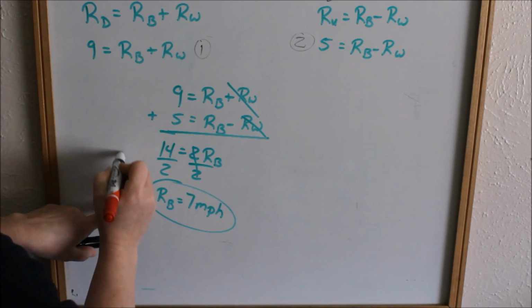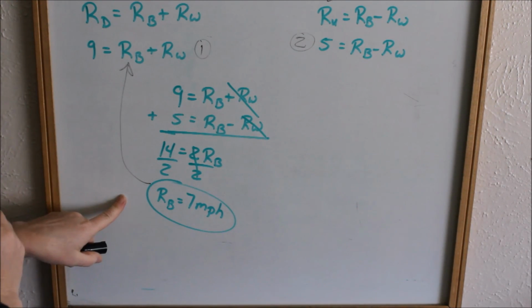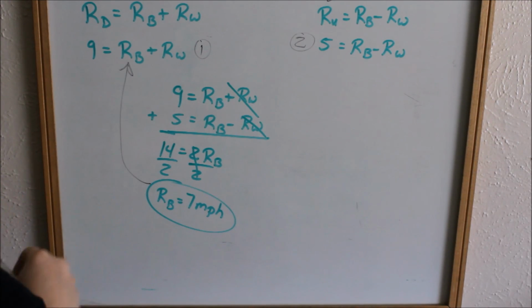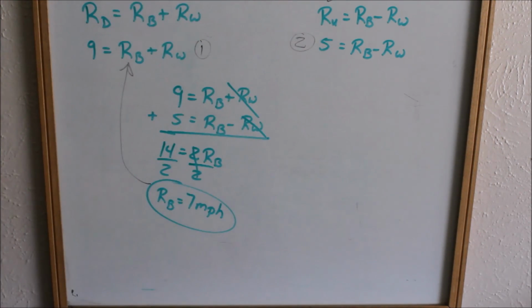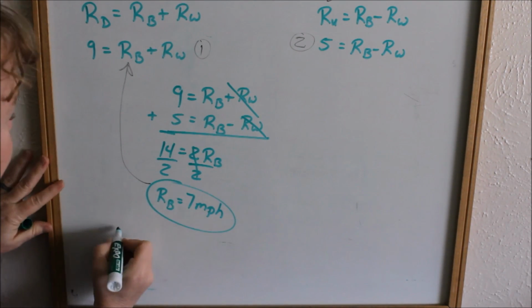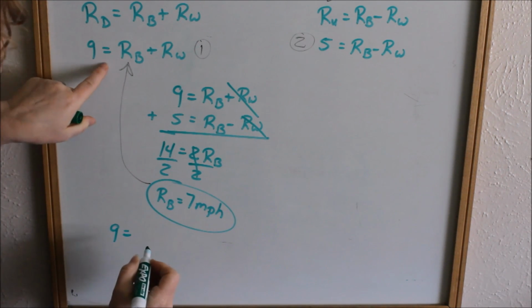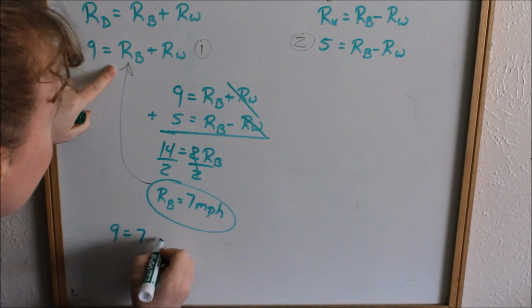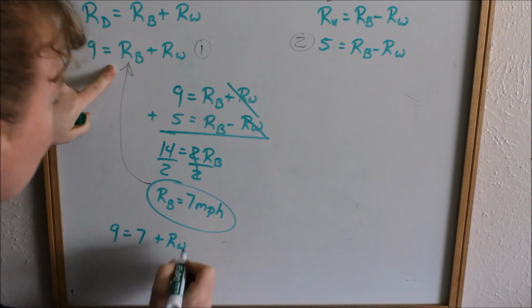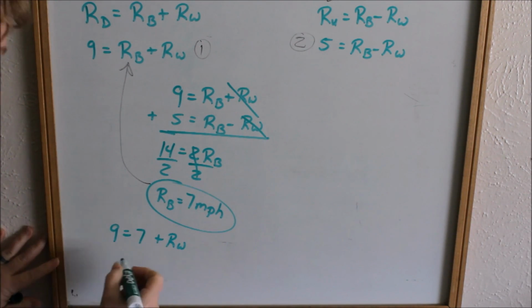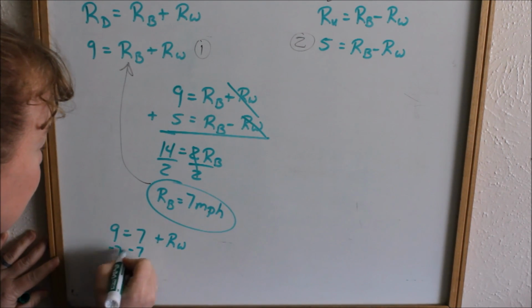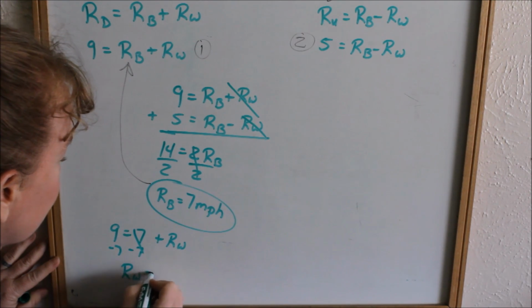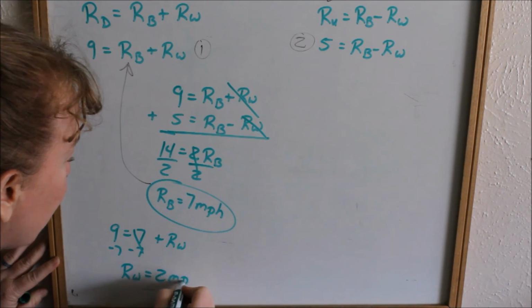I'm going to plug this back in right there, because then I can solve for the rate of my water. If I put that in there, 9 equals the rate of my boat, which is 7, plus the rate of my water. Subtract 7 from both sides, and you can see that the rate of my water is 2 miles an hour.